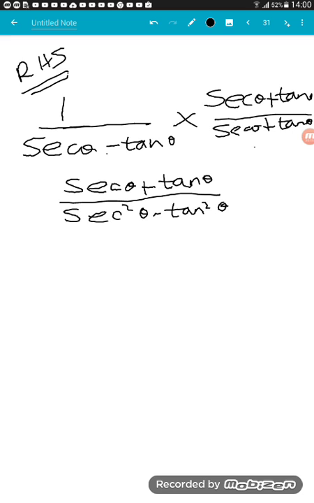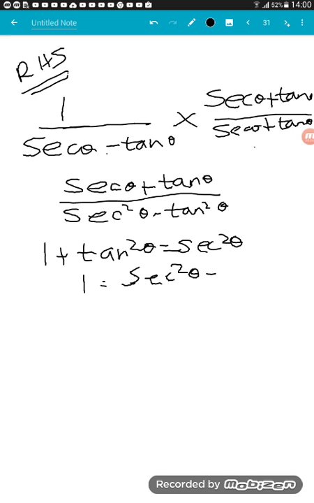minus tan square theta. Now we know that 1 plus tan square theta equal to sec square theta. So 1 equal to sec square theta minus tan square theta. So by this and this, if we compare, it will become 1.